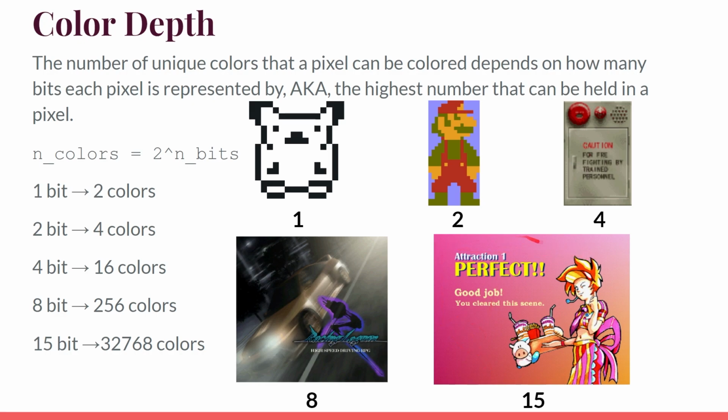The gradients look very smooth, and that's kind of a hallmark of high color depth images. Of course, as you increase color depth, you increase the amount of space, the actual memory, that the graphic occupies. So that's why we tend to see low color depth images in very old consoles and higher color depth images in relatively newer consoles.